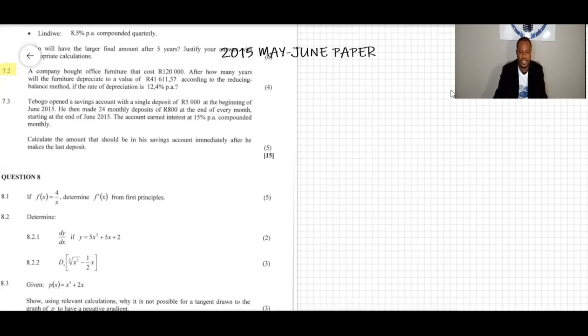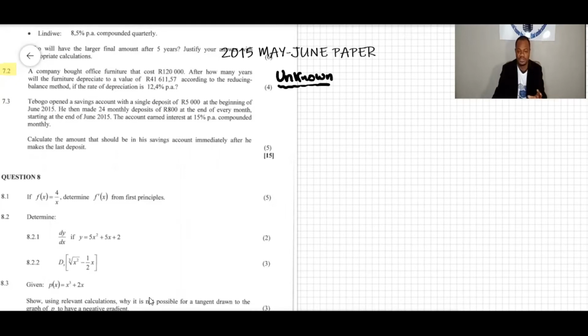So what we have here is that we are asked to calculate the number of years it will take for the furniture to depreciate. That is our unknown. This is the way I solve word problems.